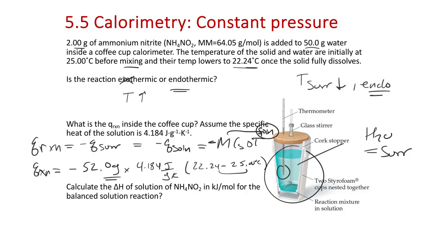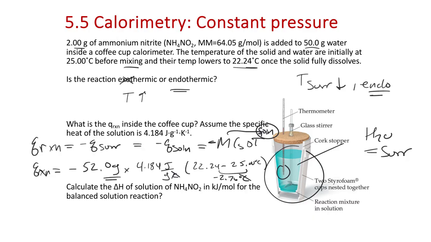I'll do the delta T first: 22.24 minus 25 should be negative 2.76 degrees C, and I'll cancel that again into the Kelvin because that's okay. So I do, let me keep the minus sign, negative 52.0 times 4.184, and then times negative 2.76. So of course that's where I get positive, that's where I get endothermic.